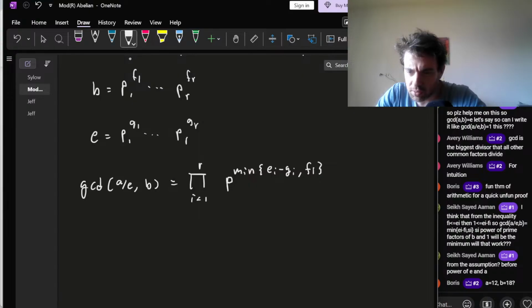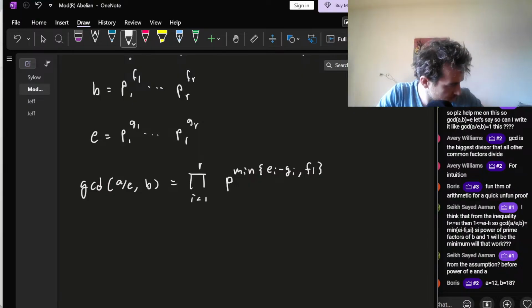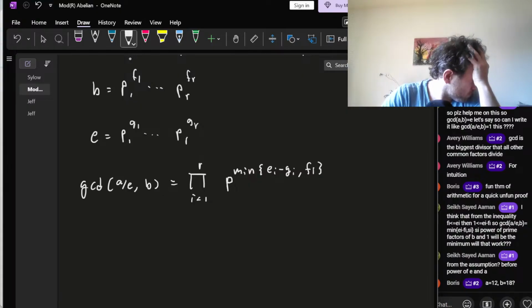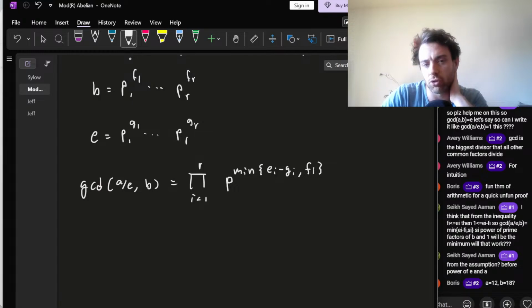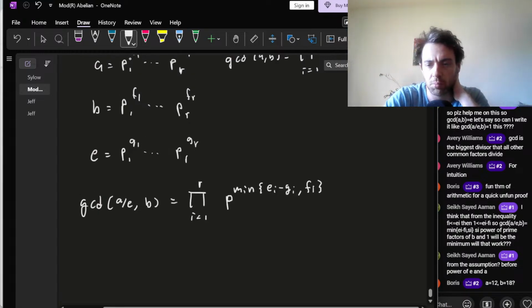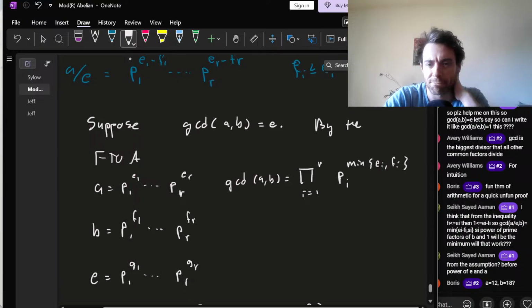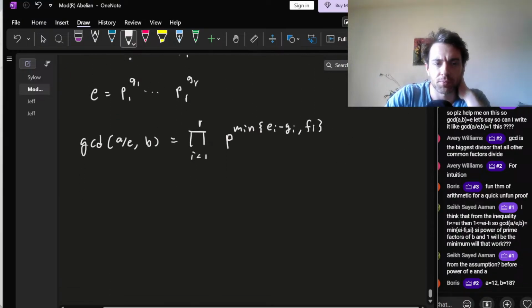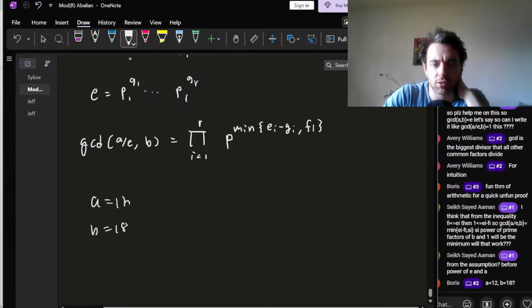A is 12 and B equals 18. Wait, is this... Are you proposing a counterexample, Boris? A is 12, B is 18, GCD of 12 and 18 would be 6.